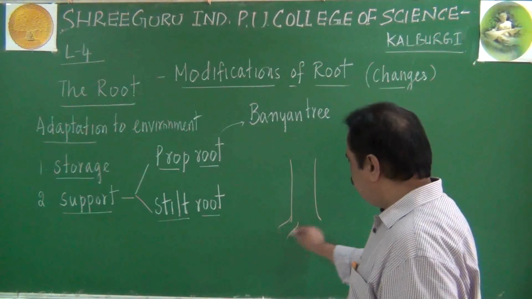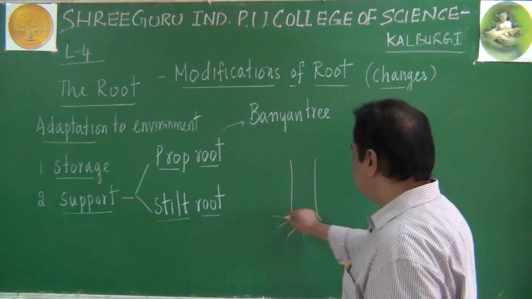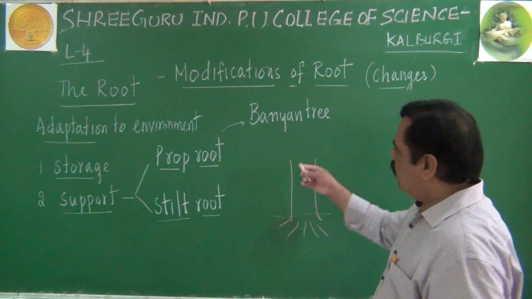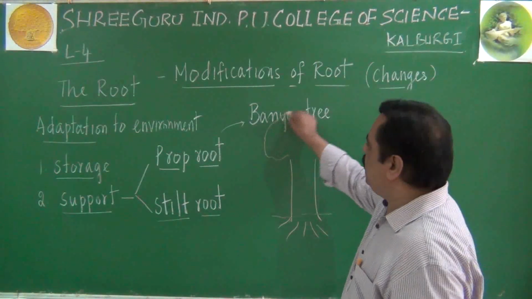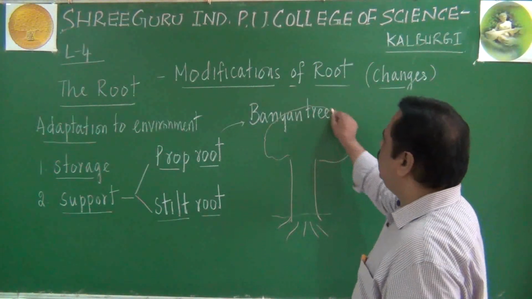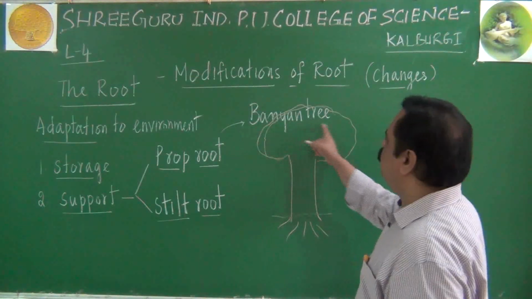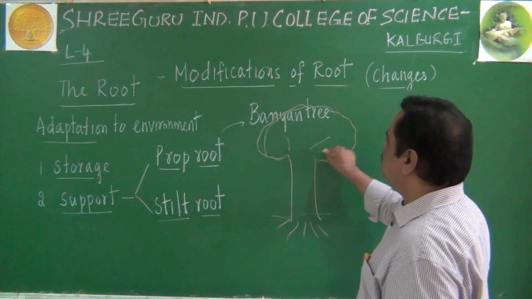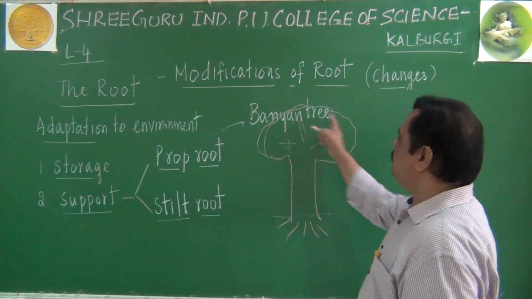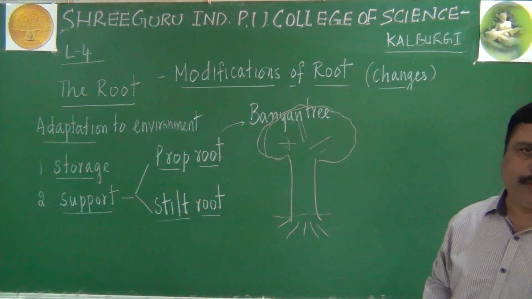This stem will be producing root system below the soil. Of course, this is the soil. Above this, the plant will be having very profuse leaves and branches, everything. This is the banyan tree you might have observed.